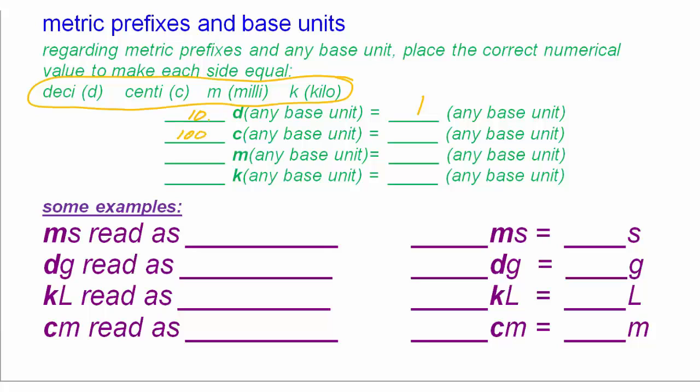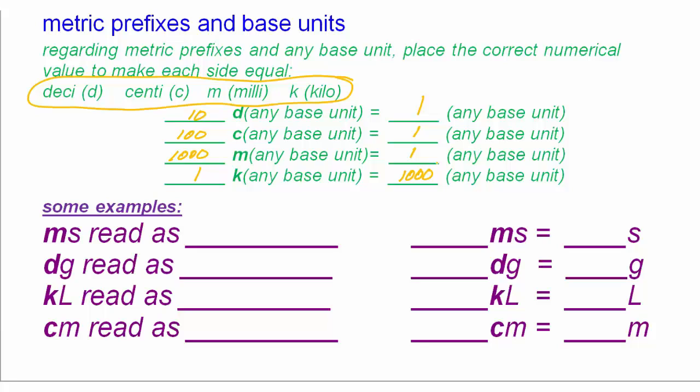So 100 centimeters would be 1 meter. 100 centigrams would be 1 gram. Milli is 1,000. So 1,000 milliliters is 1 liter. 1,000 milligrams is 1 gram. 1,000 milliseconds is 1 second. Kilo. 1 kilo is 1,000 of anything. So 1 kilogram is 1,000 grams.